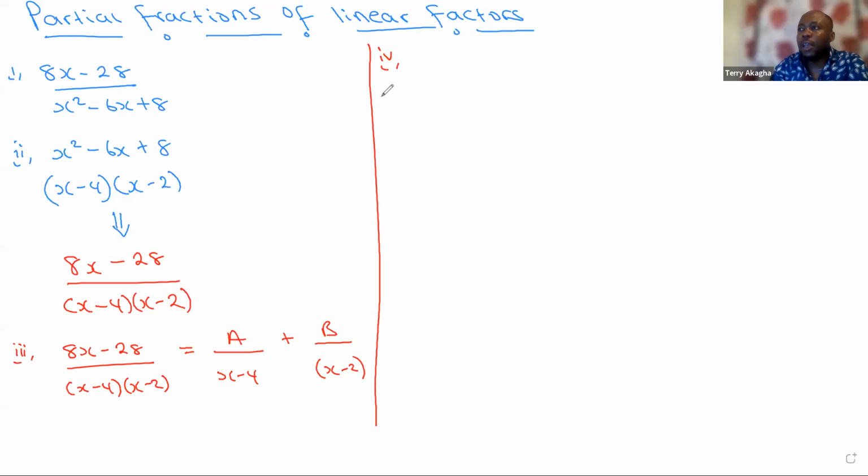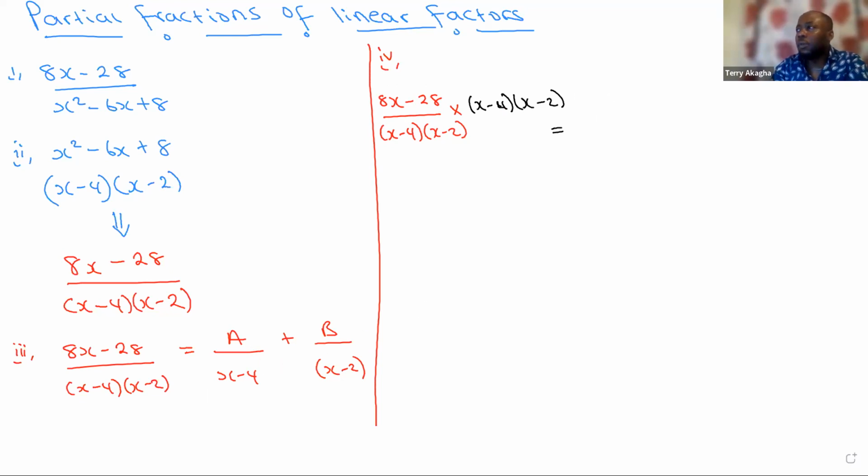So we have 8x minus 28 over x minus 4, x minus 2, multiplied by the denominator. Let's put the denominator. It is equal to, same thing, you multiply each of them by the denominator.